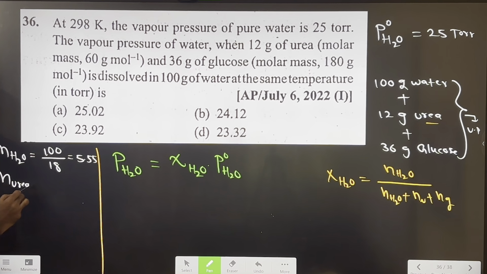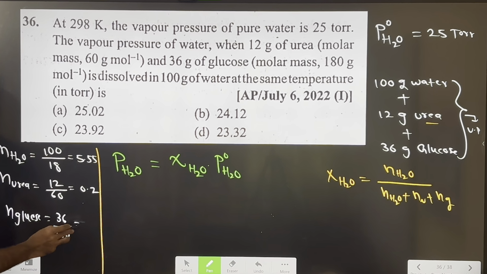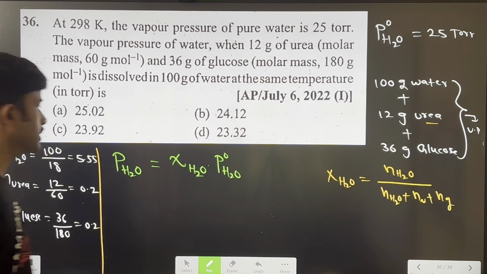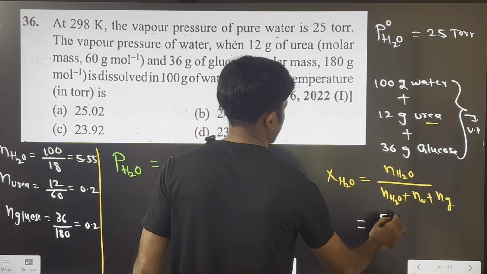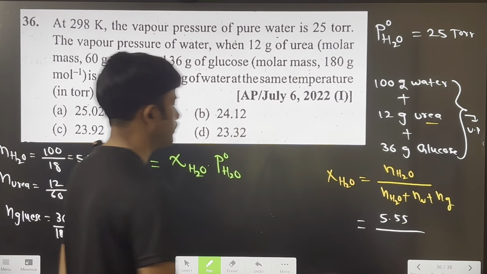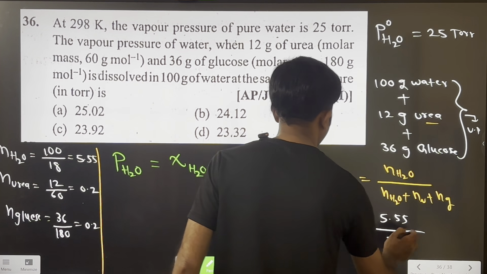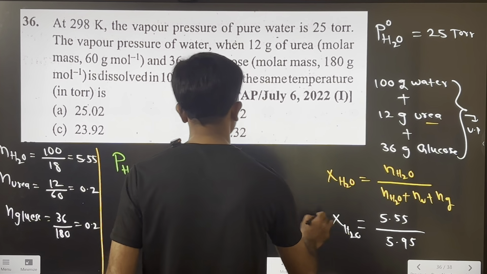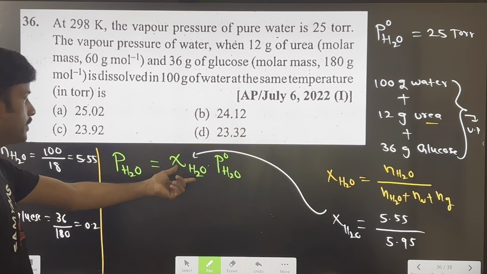They gave 12 grams, and the molecular weight of urea is 60. 12 by 60 is 1 by 5, which equals 0.2. Then number of moles of glucose is 36 by 180, and 36 is 1 by 5 of 180, so the value is 0.2. Just substitute here: 5.55 by 5.55 plus 0.2 plus 0.2. How much will you get here? 5.95. This is the mole fraction of water.